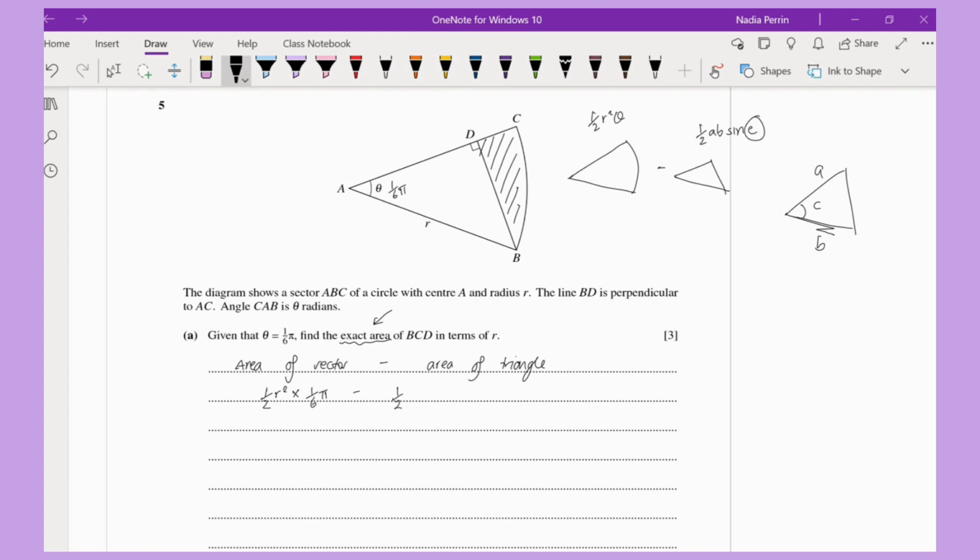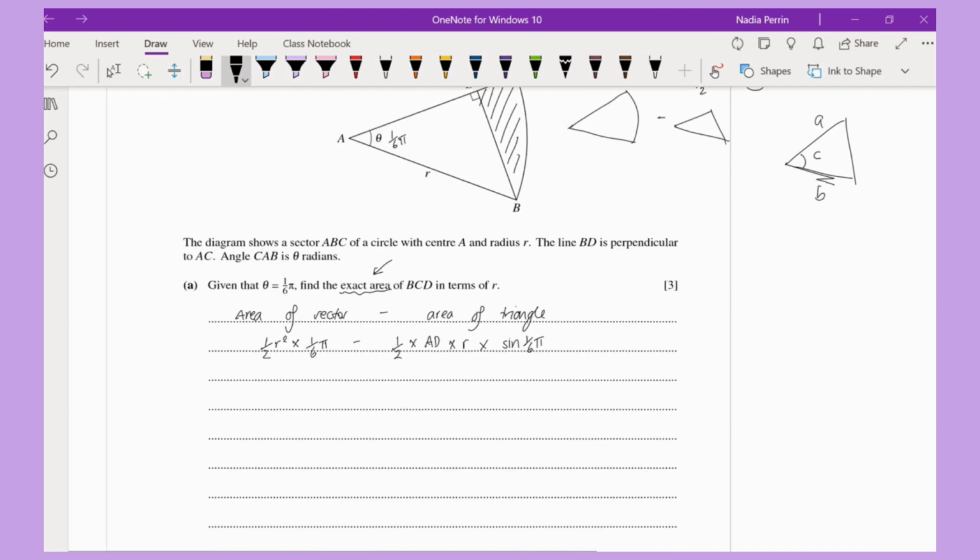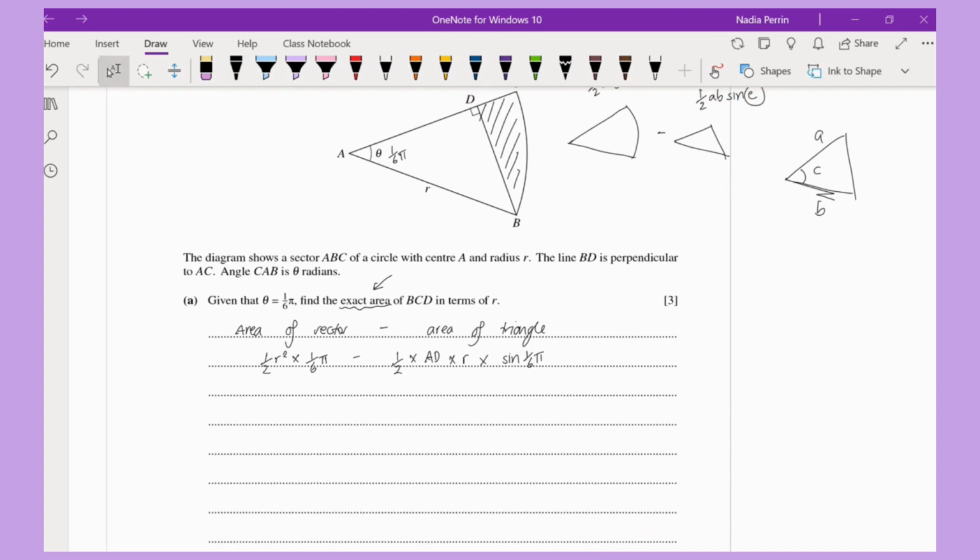So to do the area of the triangle, we're going to do half A times B. So in this case, I don't know AD, so I'm just going to tell the examiner that I would like to times by AD, then times by this side, which is R, and then times by sine of the angle. Okay, so I've now discovered that I don't have all the information I need, so I'm going to be trying to find AD. Now, luckily, AD is part of a right angle triangle.